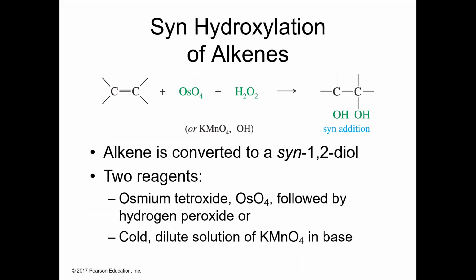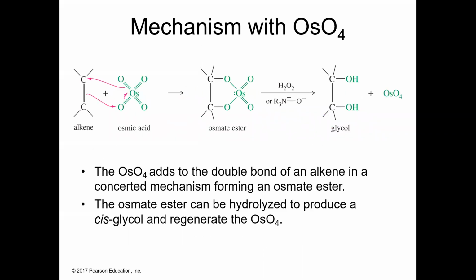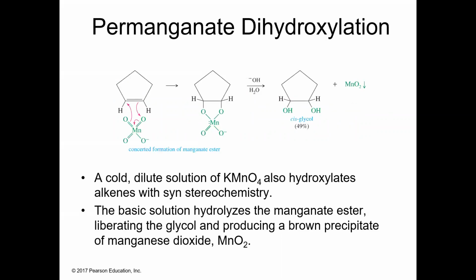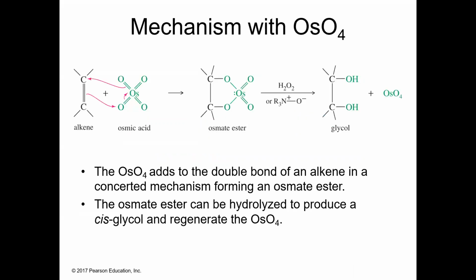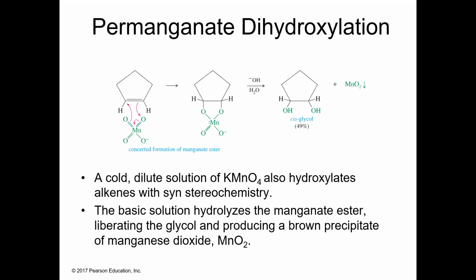They are osmium tetroxide and hydrogen peroxide, or cold dilute KMnO4 in basic solution. These will both give you the cis diol. And the reason is it goes through either an osmate ester or a manganate ester, so both the CO bonds are added to the same face.